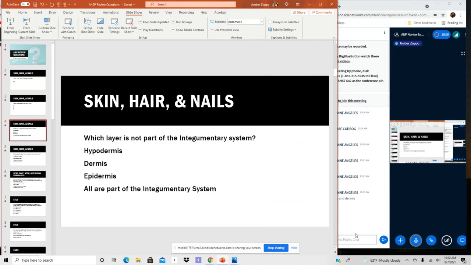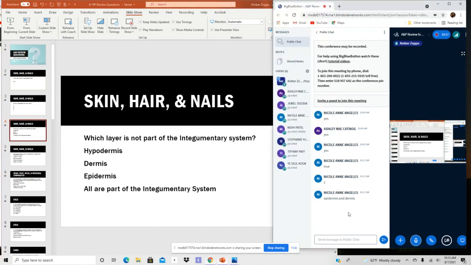Which layer is not a part of the integumentary system? The hypodermis, dermis, or epidermis? Or are all of these a part of the system? What do you guys think is the answer? You guys can type in, or if you want to talk, that's fine too.